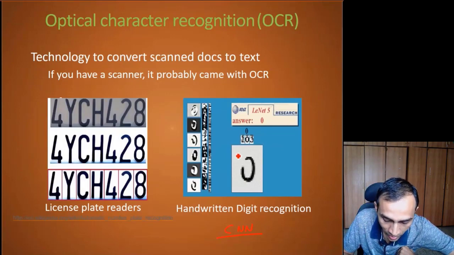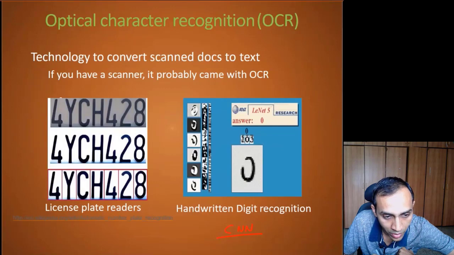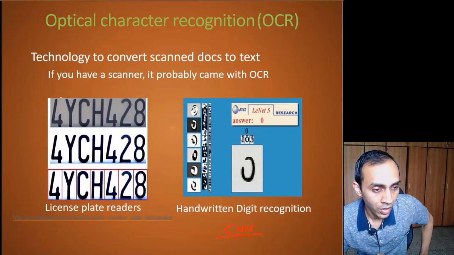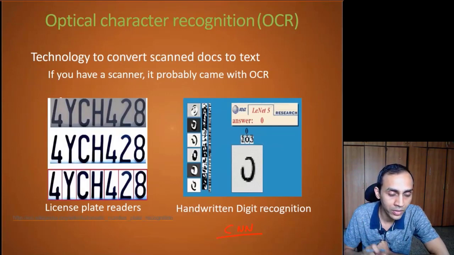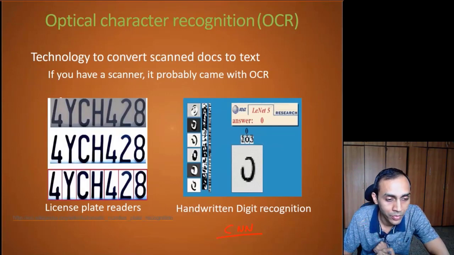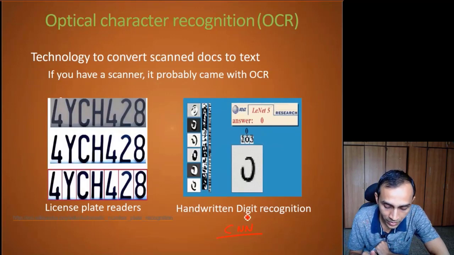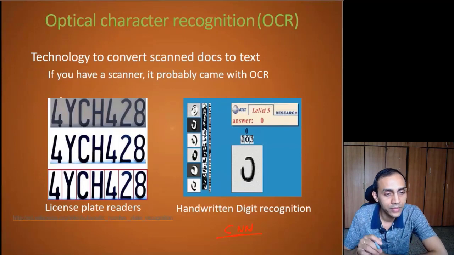And that model was actually used by the US for all the postal delivery, recognizing the handwritten pin code numbers and automatically sorting the letters and mail according to the pin code numbers. It was mostly used for that purpose, and later on it also came to be used for bank checks.